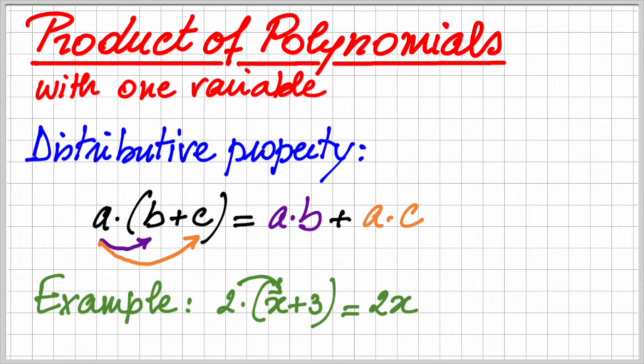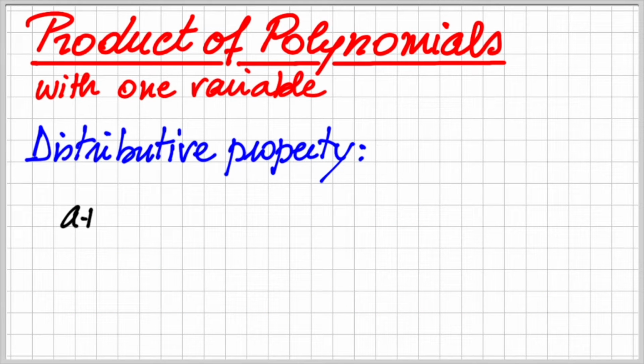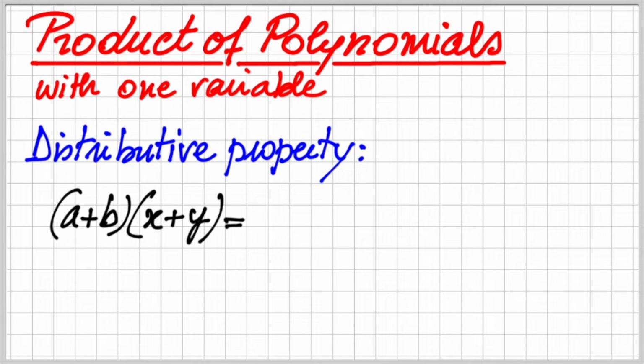We multiply 2 with x plus 3. The first multiplication gives us 2 times x, and then 2 times 3, so the final result is 2x plus 6.